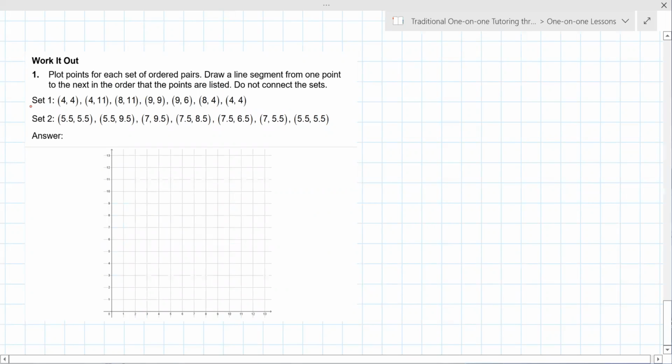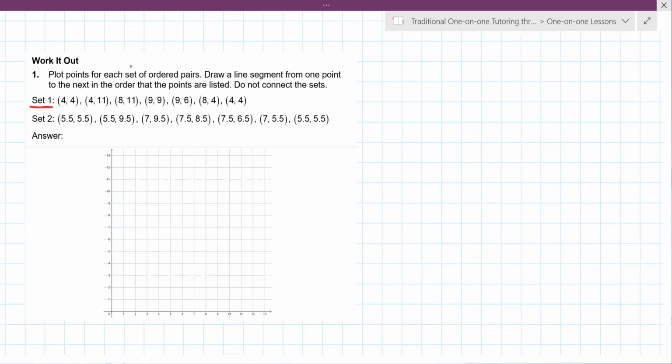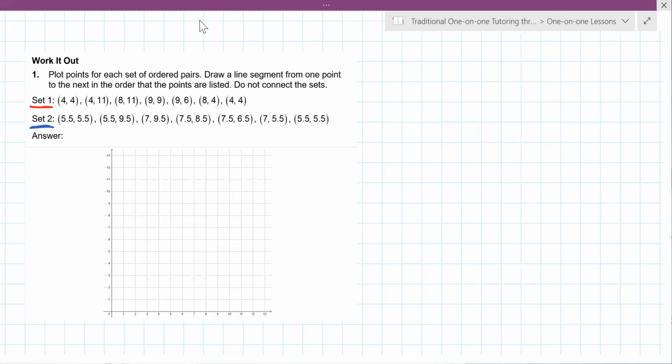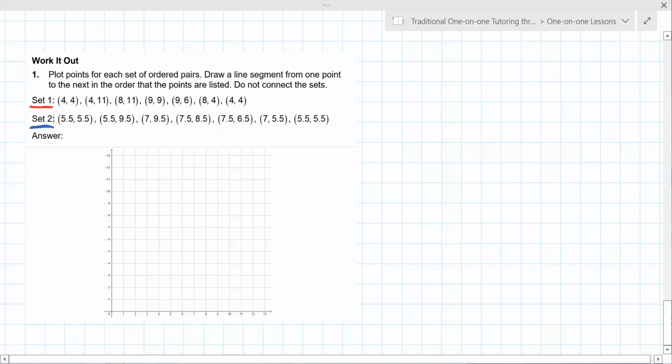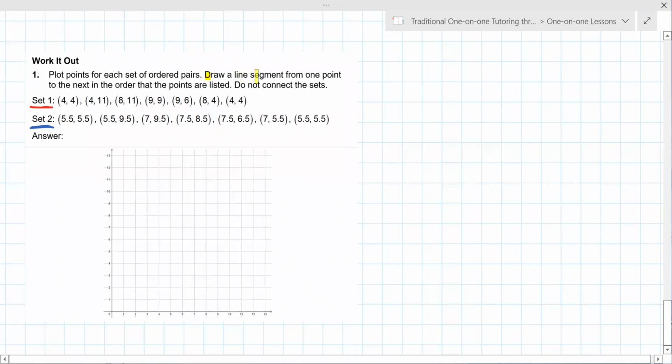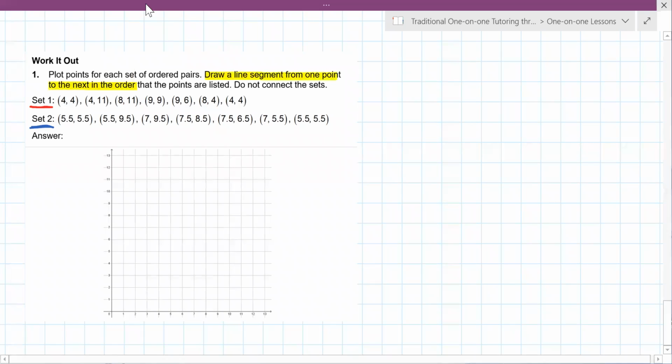So if it were me, I would do this in one color for set 1 and then a second color for set 2. That way it's clear. And then it does say to connect them. So when you're graphing set 1, you're gonna connect all of those points. That's what it means by draw lines to make it from one point to the next in the order.